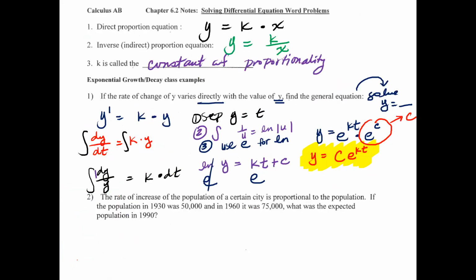Okay, example 2. It says the rate of increase of a population in a certain city is proportional to the population. If the population in 1930 was 50,000 and in 1960 is 75,000, what is the expected population in 1990? All right, so first things first, I'm going to look at this and go, okay, so when t equals 0, we start the year at 1930.